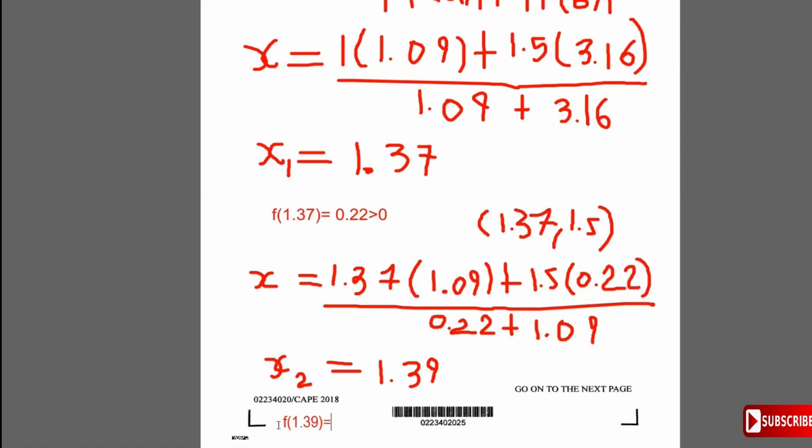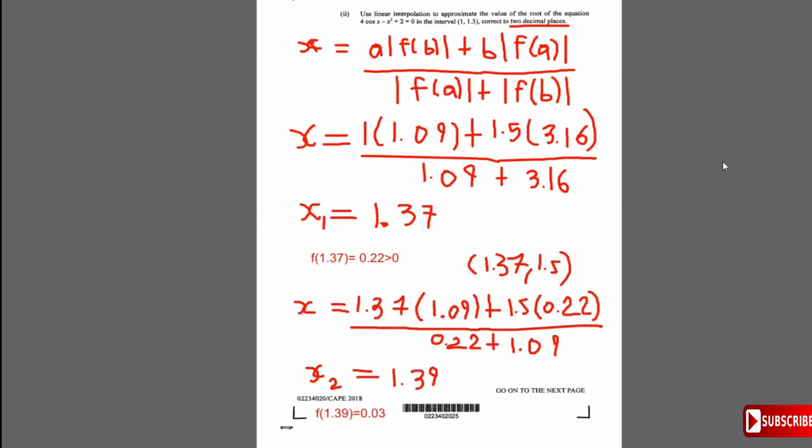I get 0.03. So if we go one more time, this is really close. If we go one more time, that means the root lies on the interval 1.39, 1.5.